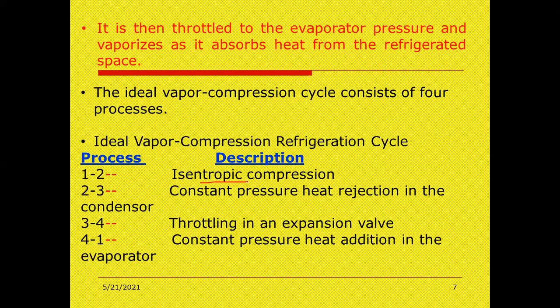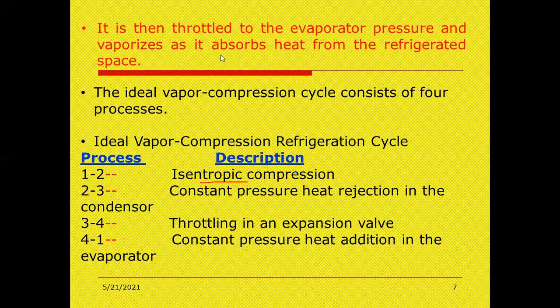What is 3 to 4? Throttling in an expansion valve. Next, what is 4 to 1? Constant pressure heat addition in the evaporator.